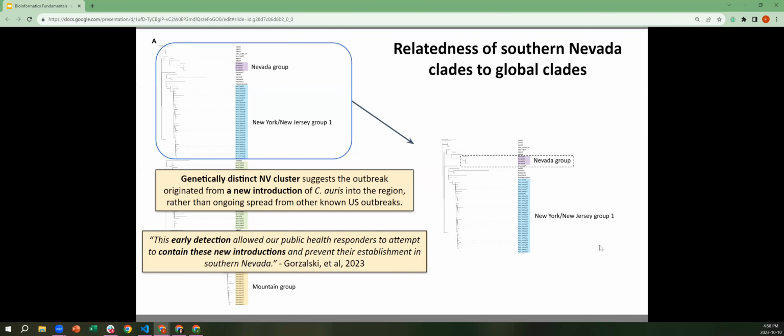So from that, the investigators in Nevada were able to identify introduction events, and then they were able to go out and implement public health policy decisions to reduce the spread of these diseases through their population.